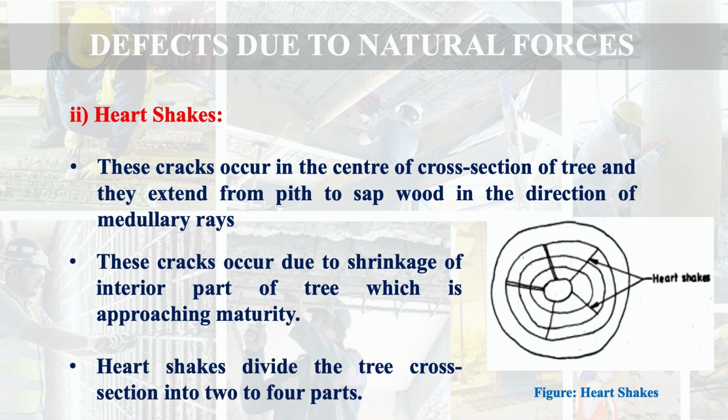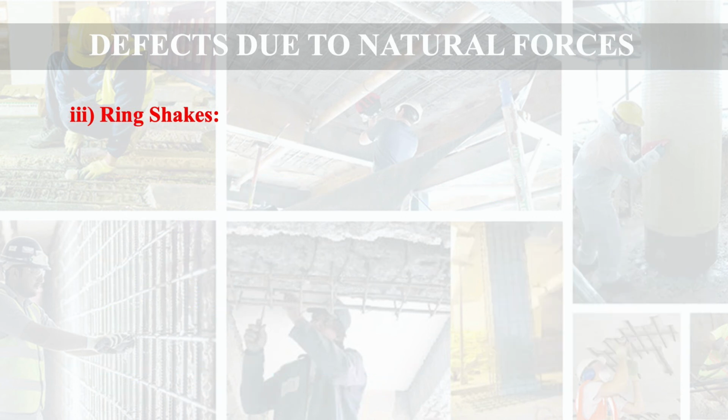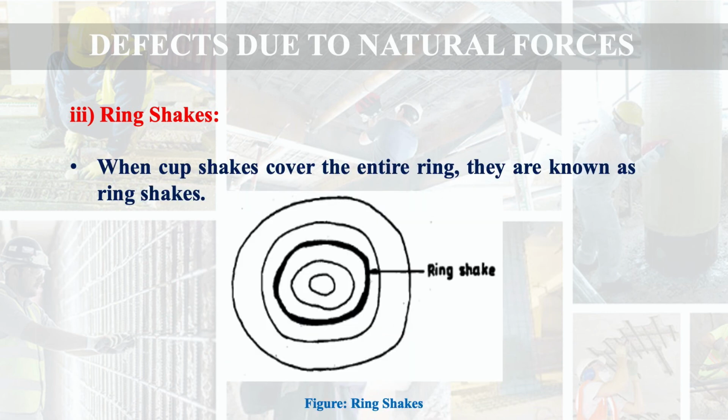Heart shakes divide the tree cross-section into 2 or 4 parts. Here in the figure you see the picture of heart shakes. Then ring shakes. When cup shakes cover the entire ring, they are known as ring shakes. Here in this figure you see in the dark circle which is ring shake.